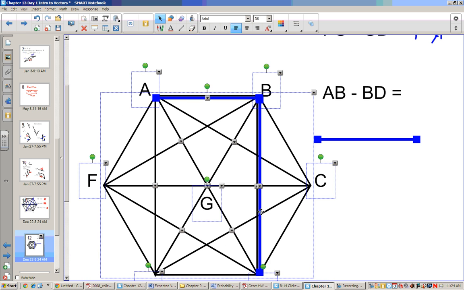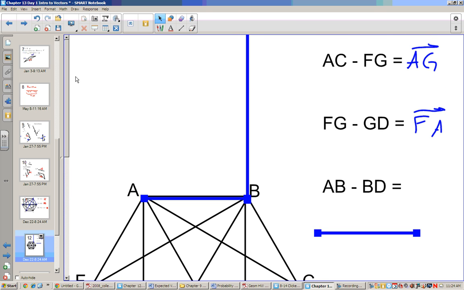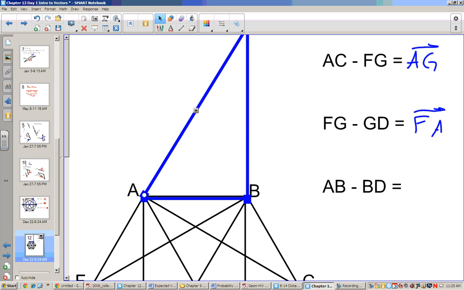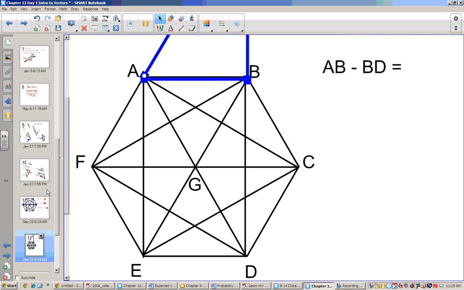So subtracting this is like putting this one up here. So I'm going to start at A and go way up here. Now you might think, there is no possible answer in this where that's true.